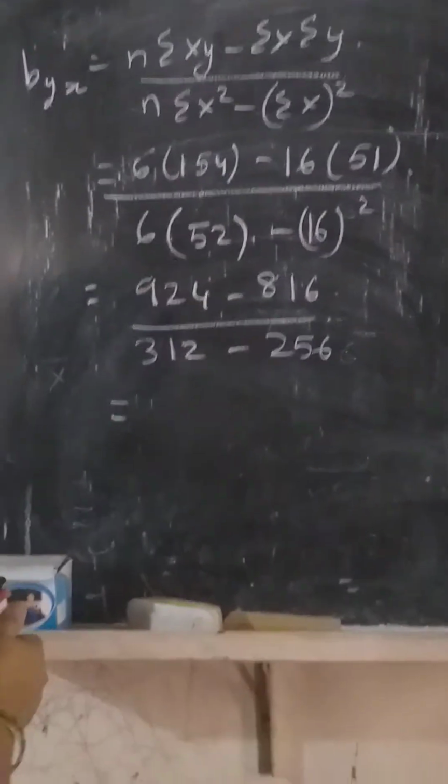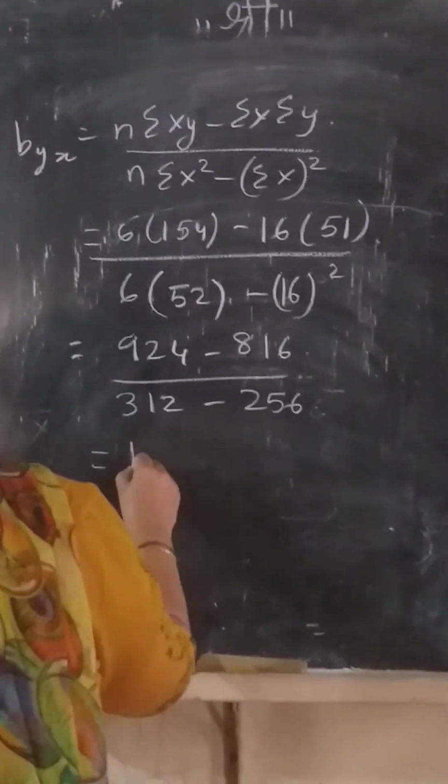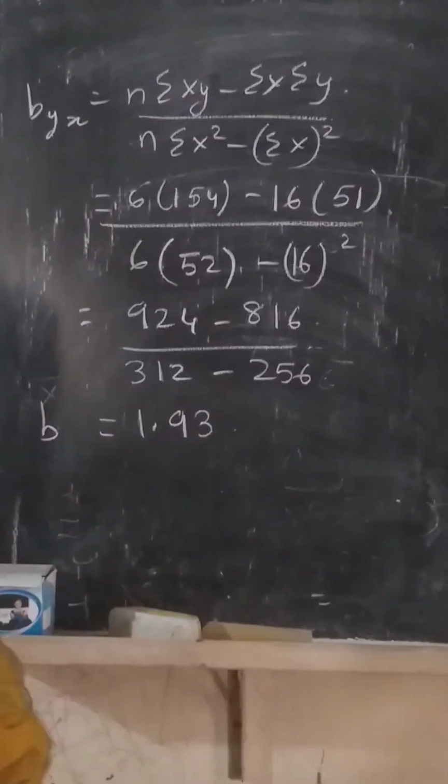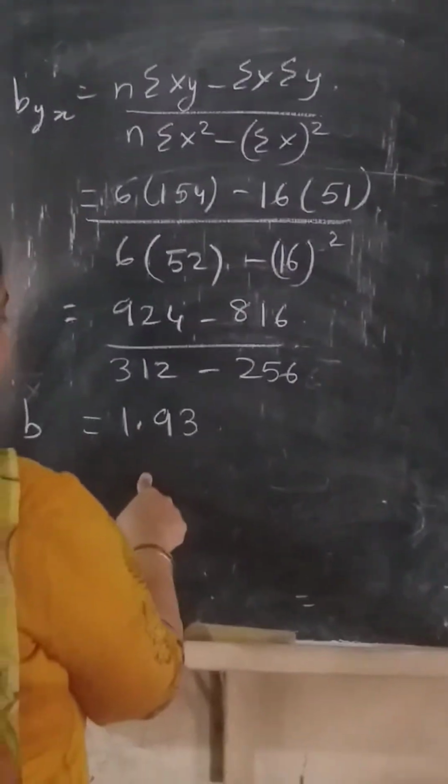Now as I simplify this calculation, the value of b turns out to be 1.93. So this is the value of b. You can simplify it and get the answer as 1.93.